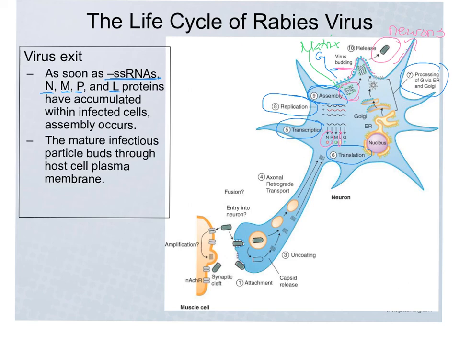Many of these neurons will make connections to the central nervous system, and that's going to allow this virus to go from the peripheral nervous system into the central nervous system, which is where it can really cause a lot of problems, as we will see in the next topic.